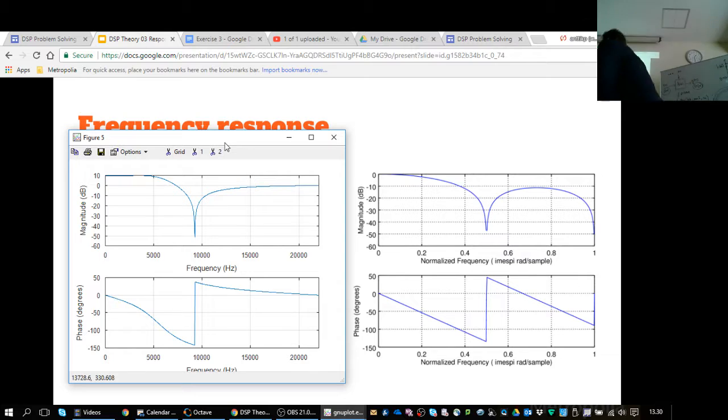What we lost, though, was the linear phase response. On the 4-point running average, you have a linear phase response, meaning constant group delay. But here the group delay will be a little bit warped.